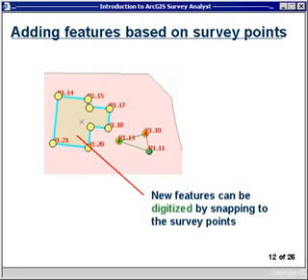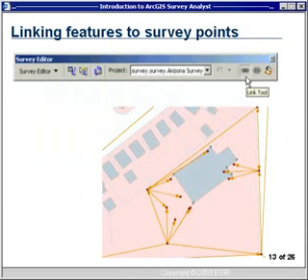Well, what you see on the screen now is a feature, a building, for instance, that's been added by digitizing off the screen from survey points. So those yellow dots represent survey points that came in from a data collector or are entered in using COGO. Those points have been computed, coordinates have been identified for those points, and now we can just digitize the GIS feature right on the screen.